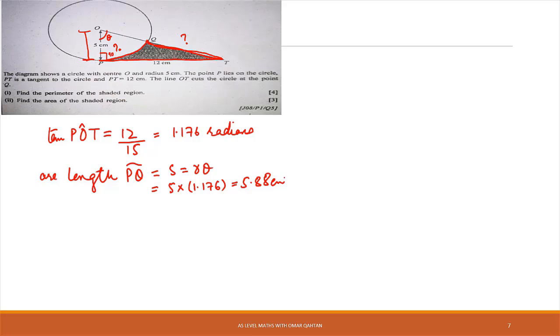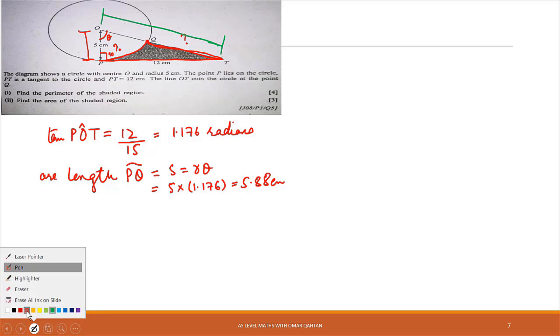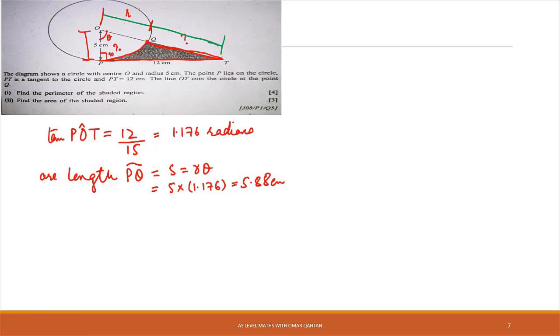Now we have to find this QT, but we can't find it directly. So first we will try to find this side OT, and then we'll subtract. First we will find this whole side OT, and then we'll subtract this part, which is actually the radius, and which is 5 centimeter.